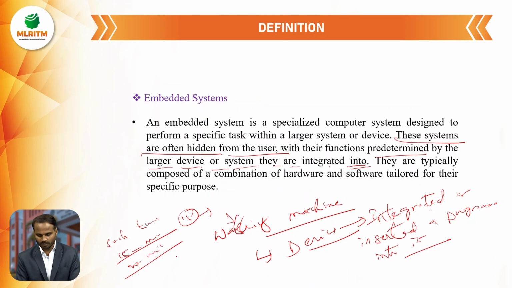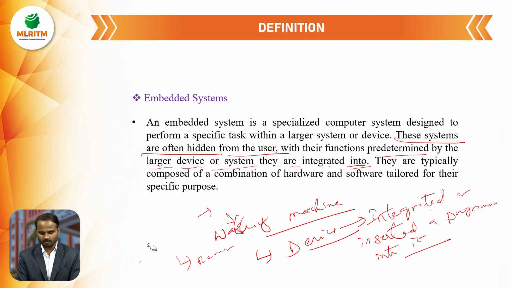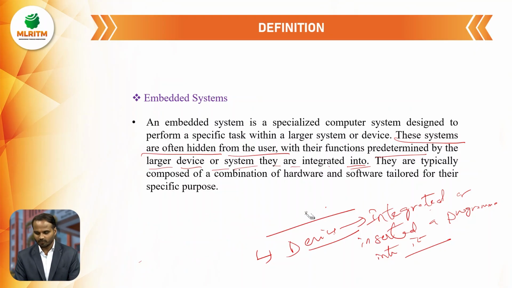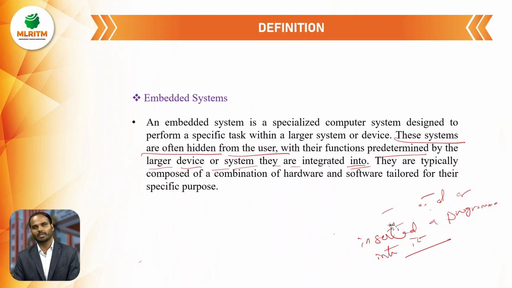After that, we remove the clothes from the washing machine. Already we have predetermined or integrated the program into that washing machine. That is, the washing machine is a hardware device that is visible to the user, and the software is inserted or programmed into that washing machine.